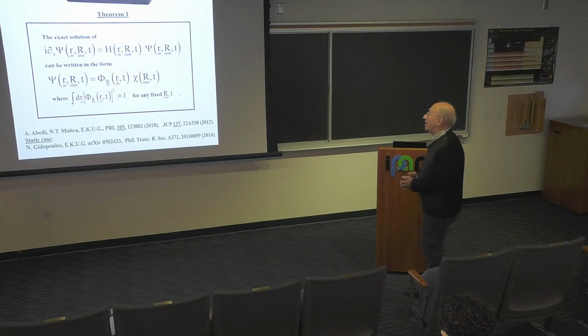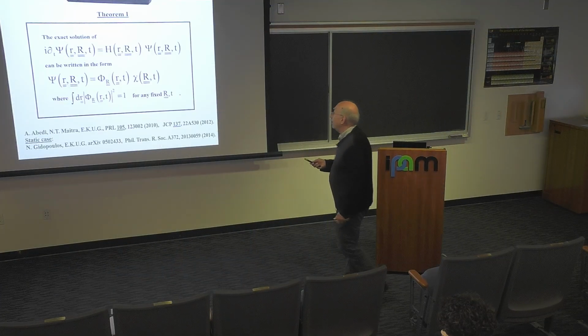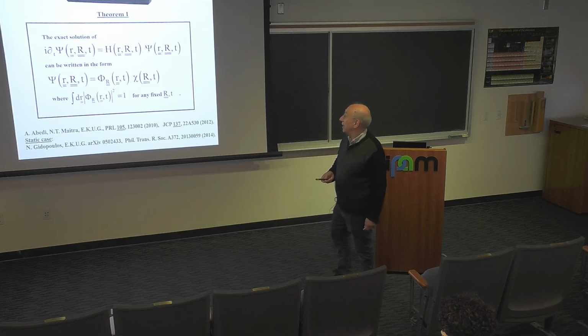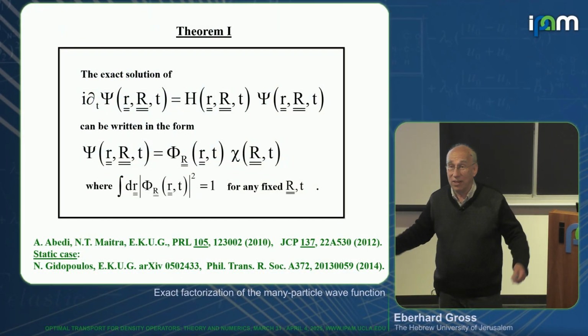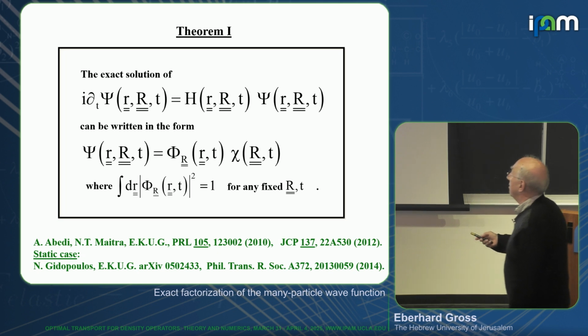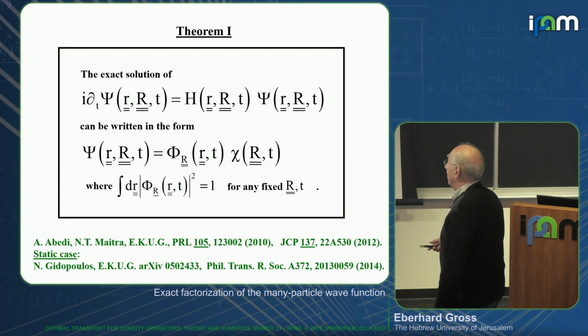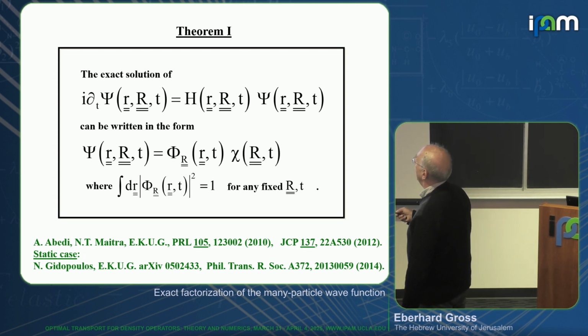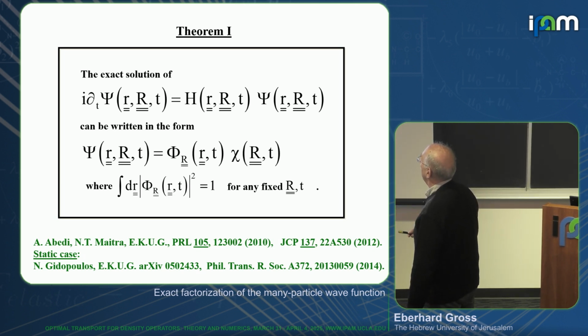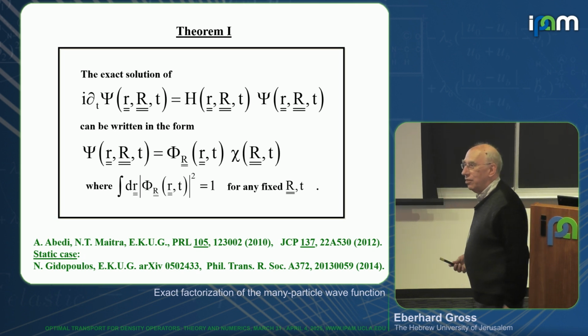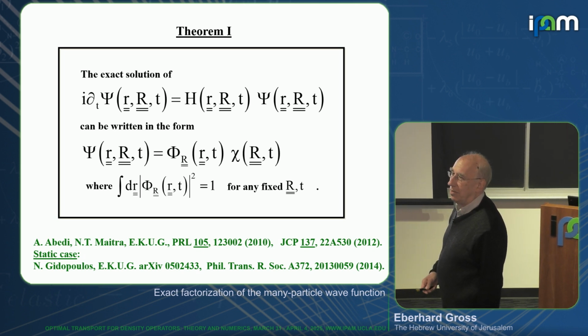Okay, so that's the first theorem. Now, knowing that the meaning of this is a conditional probability amplitude, then this whole factorization is actually a triviality. Because think of the absolute square of the left-hand side. That's the joint probability of finding the electrons at little r and the nuclei at capital R at time t. And as you know, any joint probability can be written as a conditional probability times a marginal probability.